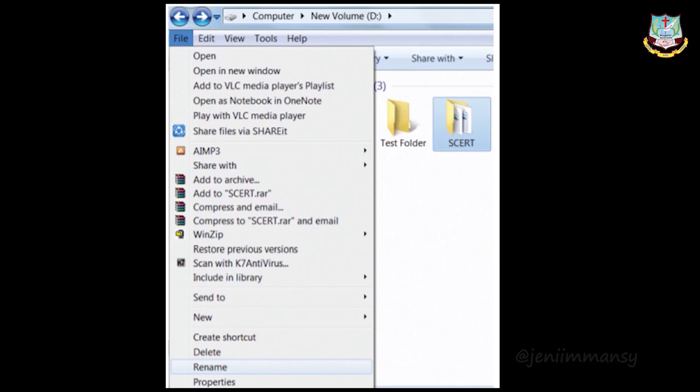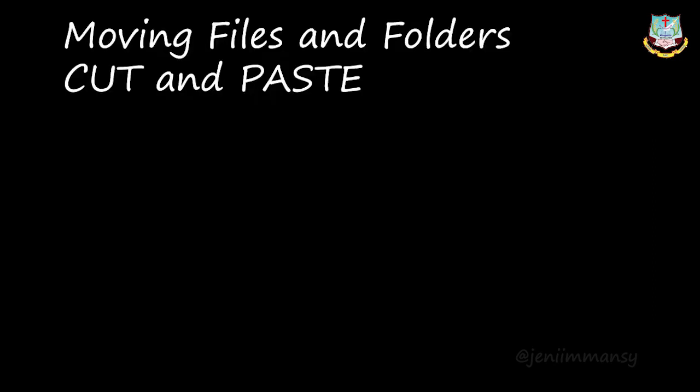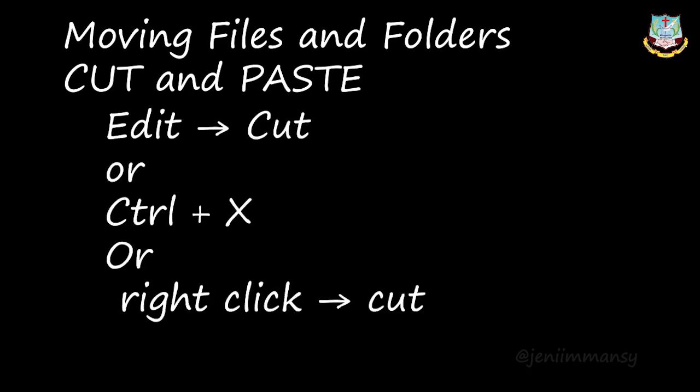And the next one is about moving, copying and pasting files, okay? Moving means you just cut and paste it, right? Or else you can click one file and drag it to another place where you want to keep it. If you want to cut a folder, you can right click on the folder and you will get the Cut option.